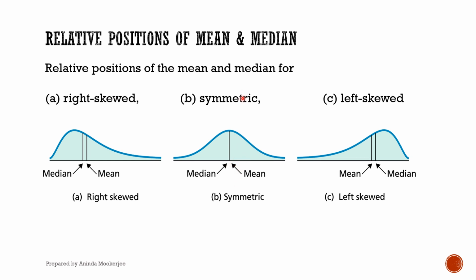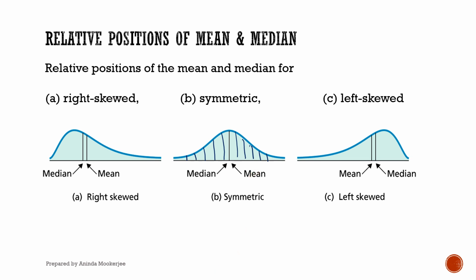Remember, we created histograms in the previous chapter when we were organizing data, with our rectangular bars. When we superimpose a curve over the top of the rectangular bars, we get what's called a curve. And this curve tells us about the distribution of data.